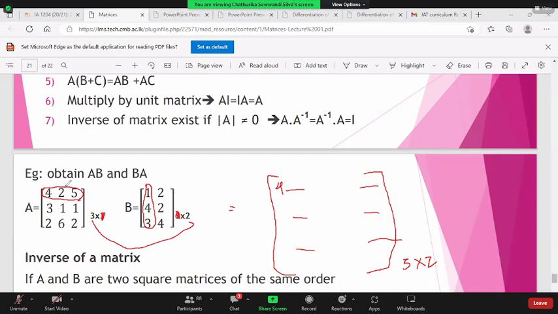Then the next element, 2 times 4. 2 times 4 means 8. So in between, plus. Right. So then 5 times 3, 15.